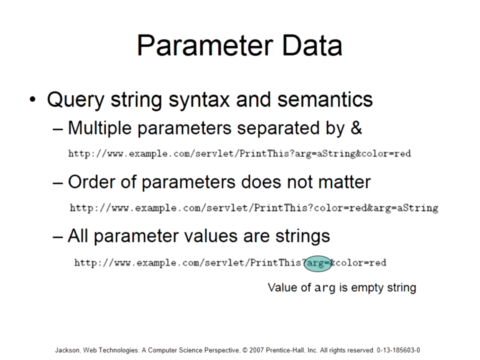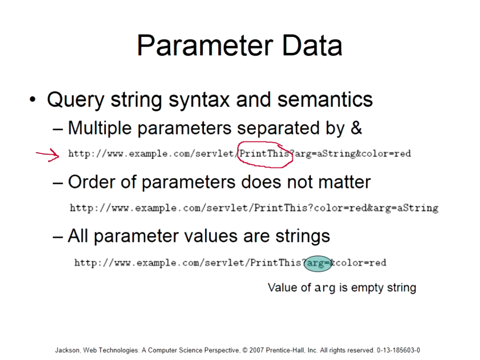So, query string syntax and semantics. We can find multiple parameters separated by &. In this example, what is the name of our servlet? The name of our servlet in this example is PrintThis.